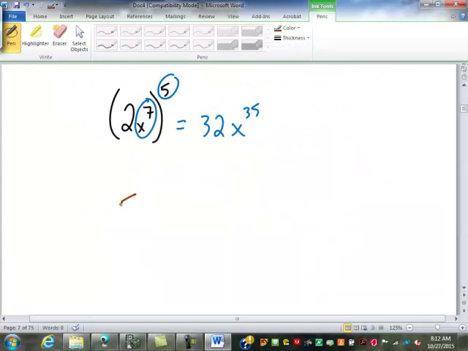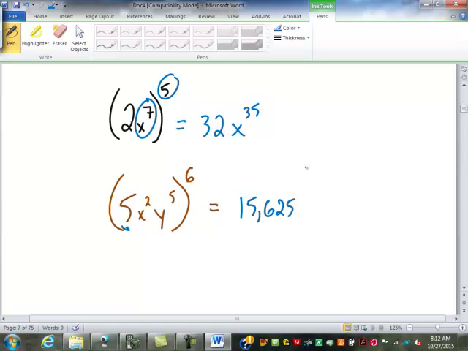So what if we have 5x squared y to the 5th to the power of 6? Is that going to be 30? No, the number still gets raised to the power. That is 5 to the 6th power, which is 5 times 5 times 5 times 5 times 5 times 5. Or 5 to the 6th power on your calculator, which is 15,625.